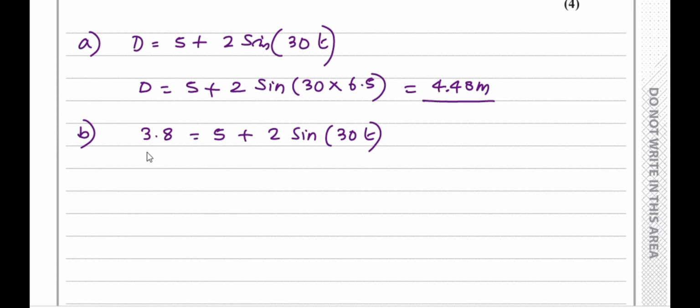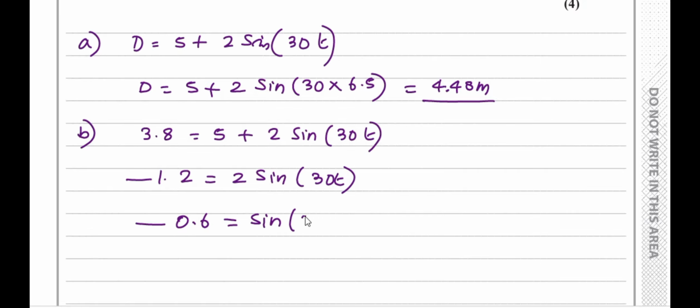So this is 3.8 on one side and 5 on the other. So it's minus 1.2 is equal to 2 sine 30t. That means dividing both sides by 2, minus 0.6 is equal to sine 30t, right?